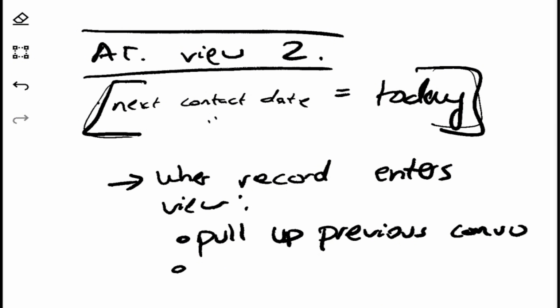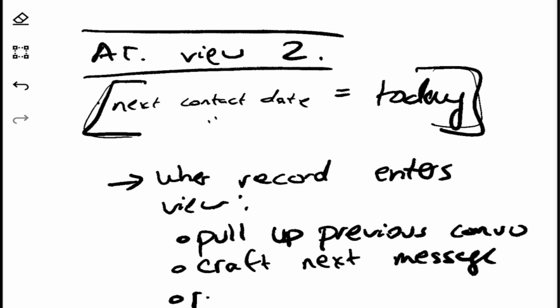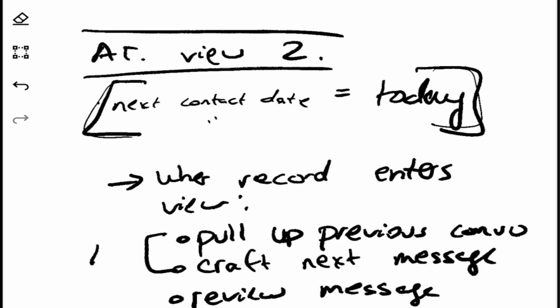We need to craft next message. And we need to review message. And when I say we, technically I mean this is AI plus automation, and this is human. So this is where the manual review will happen.